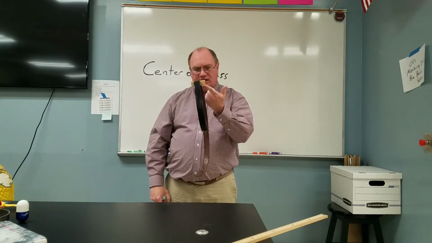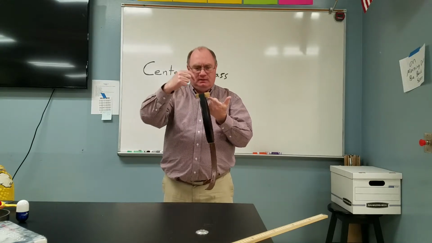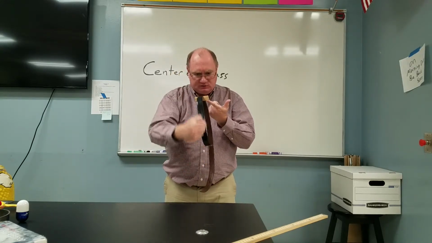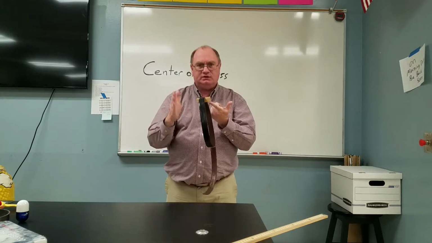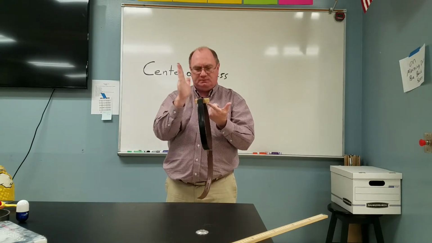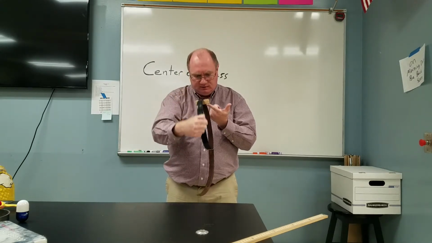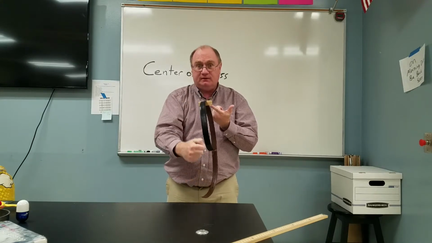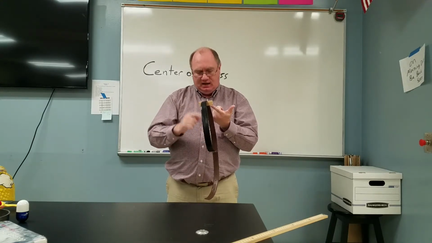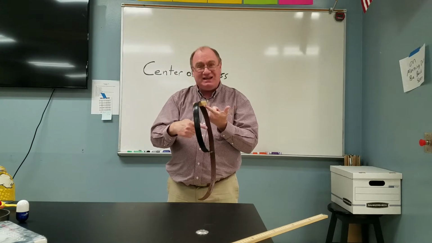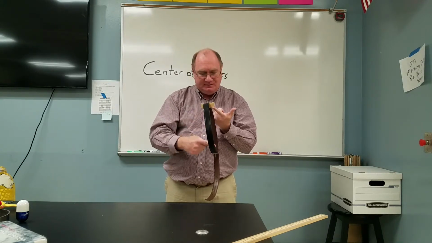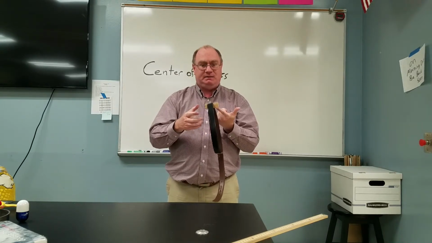And it looks like it should fall off. But draw a line straight down from my finger, and look how much of the belt's on this side of my finger and how much of the belt's on this side of my finger. If you look, that buckle is right in line with my finger where most of the mass is. And so the center mass of this is probably in here someplace. So as long as I'm in line with the center mass, it stays balanced.